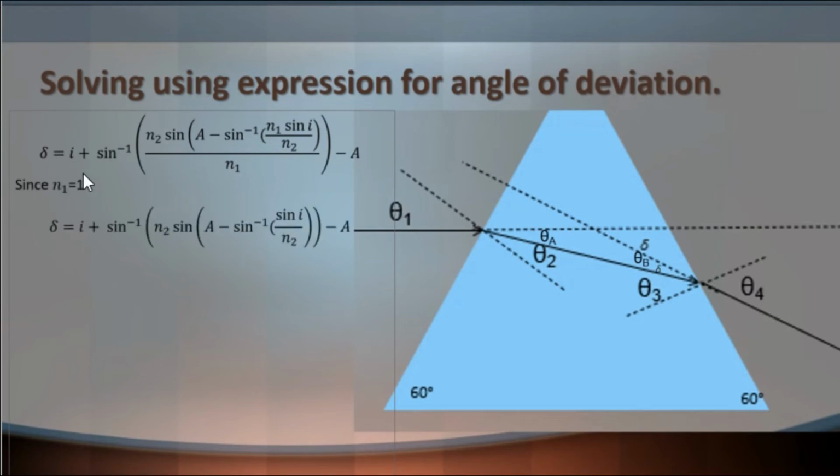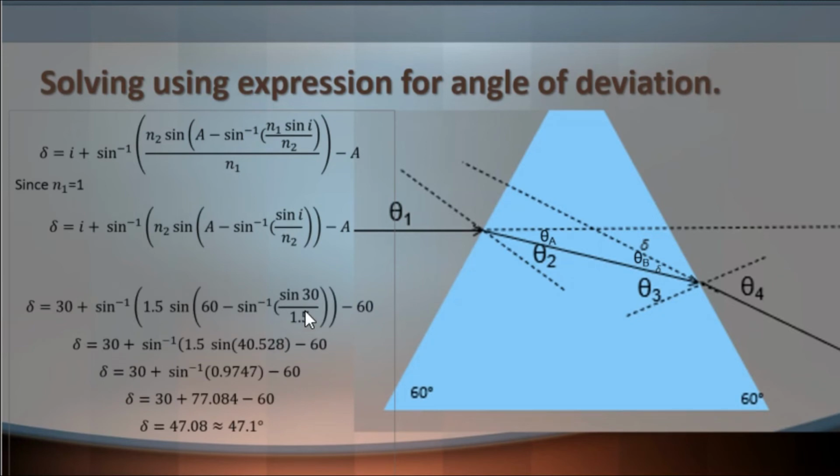Next, since n1 is air, n1 is 1, so we do not need to be bothered by n1 anymore. So the simpler version of this formula is here. And we already know our angle of incidence, theta 1, is 30 degrees, our apex angle is 60 degrees, and our index of refraction is 1.5.